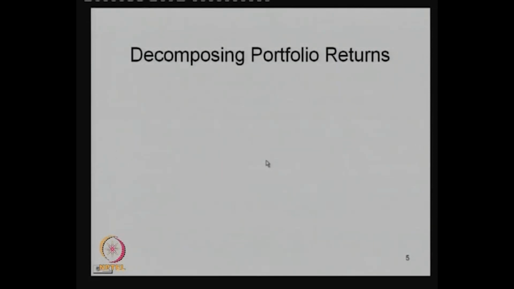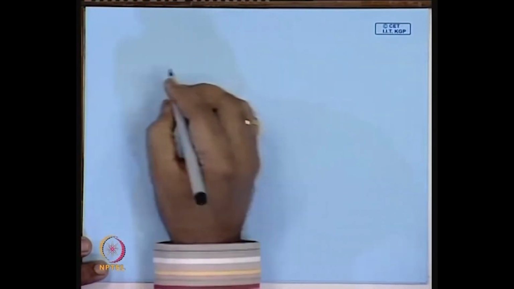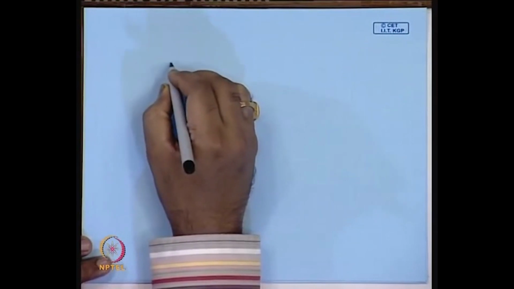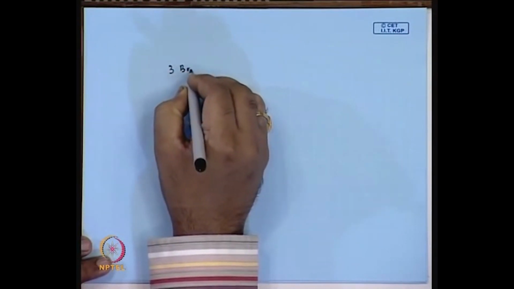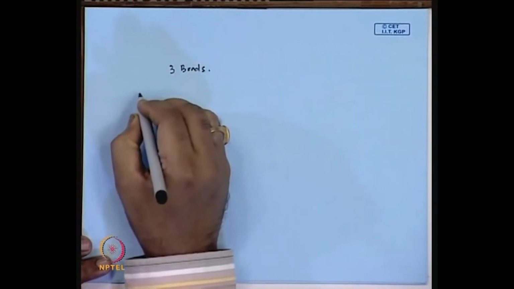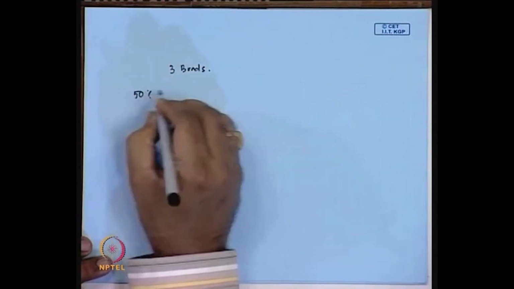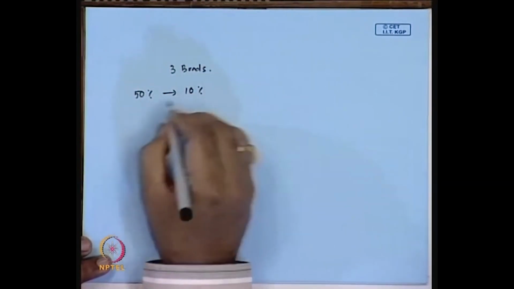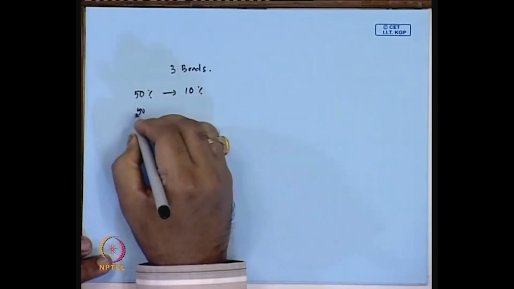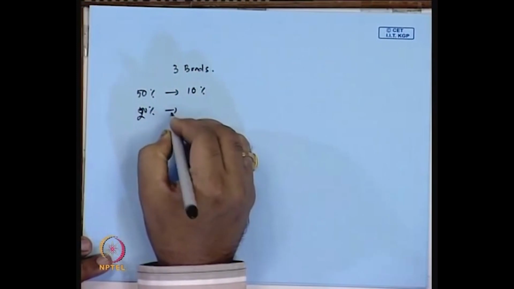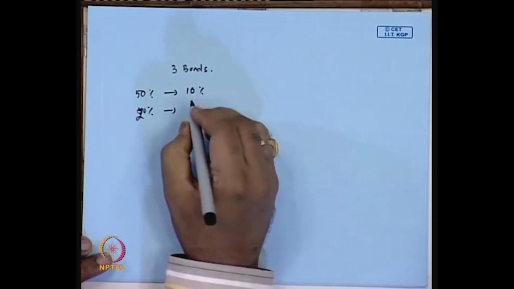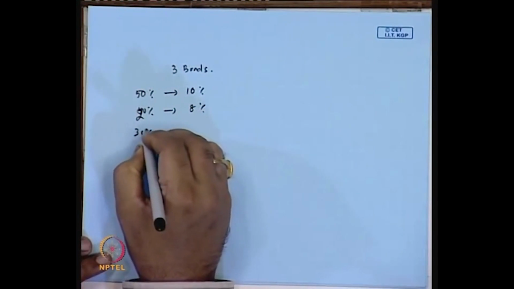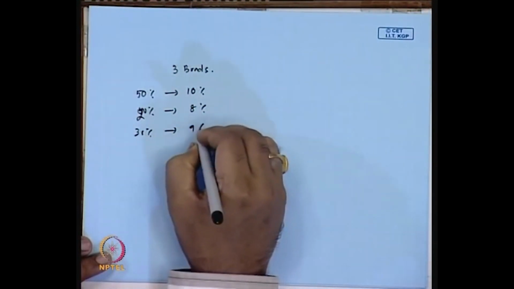Already we know that portfolio return is the summation of the weighted returns. Let us say you have invested in 3 bonds: 50% in the first bond, where your expected return is 10%; in the second bond you have invested 20%, and the return is let us say 8%; and the third bond is 30%, where the return is expected as 9%.